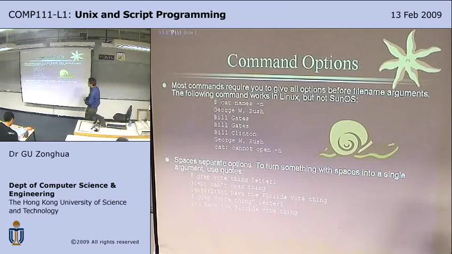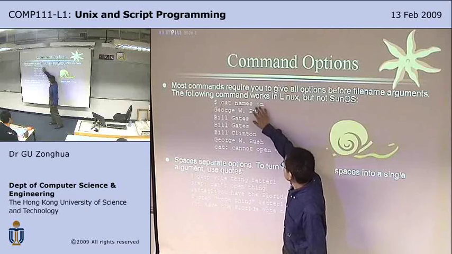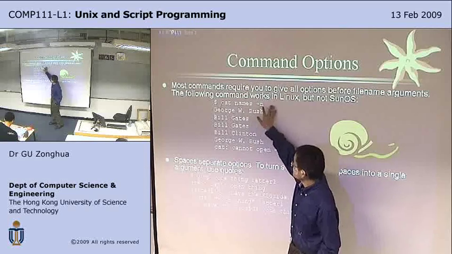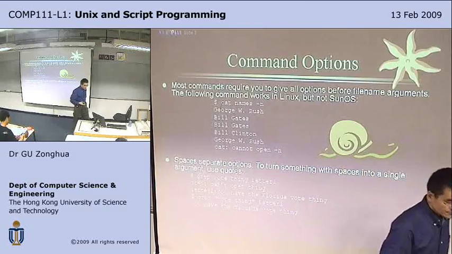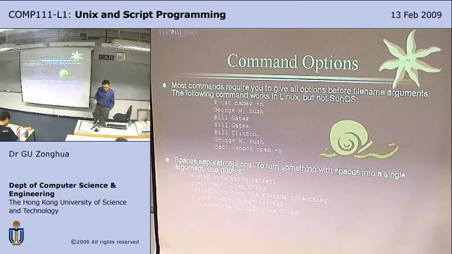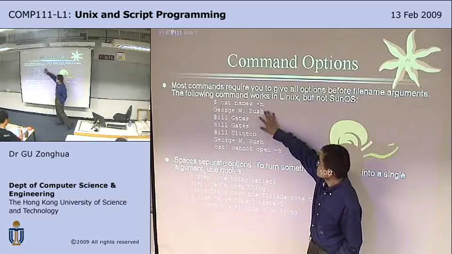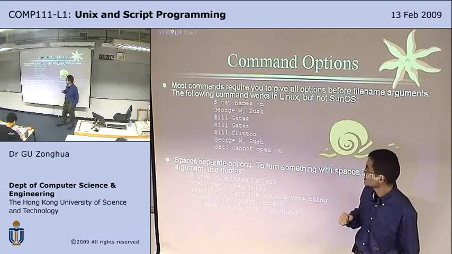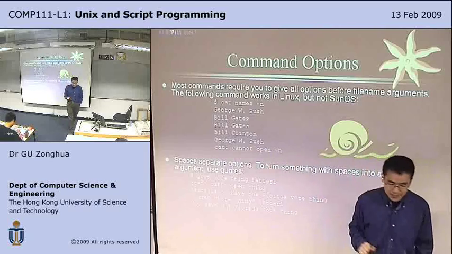Anyway, you should put -n before the names. If you put it after names, then most systems will give you an error message. It will view the -n as another file called -n, which is not what you intended. So it says cat cannot open -n.